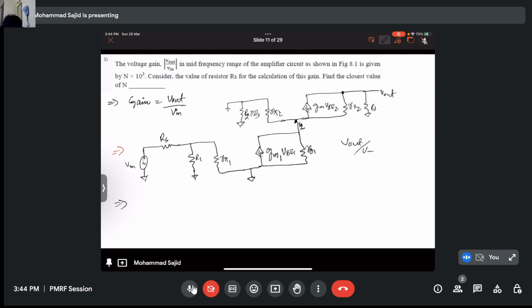Let's do a node analysis here. So we will have V output by R3 plus V output minus V1 by R2 plus GM VBE2 equivalent to 0.